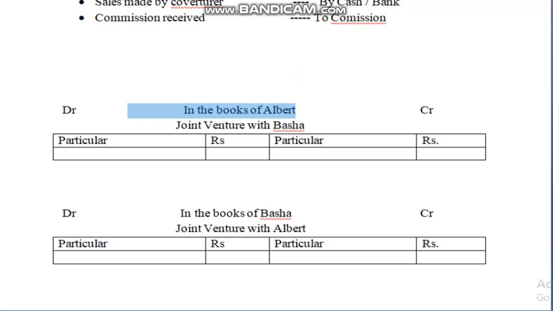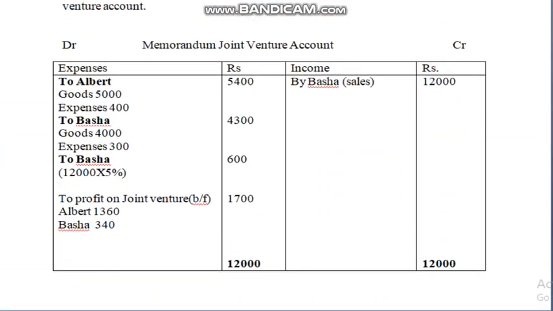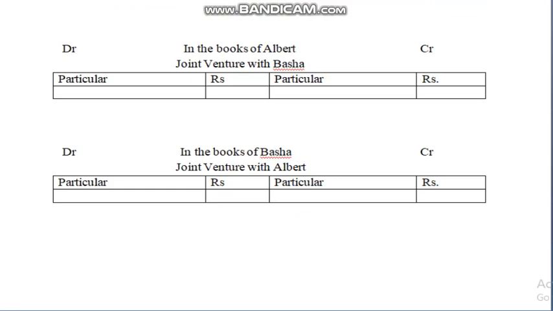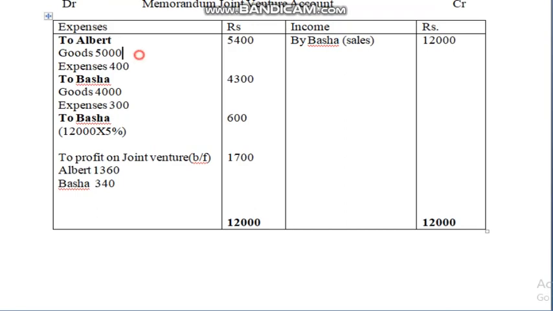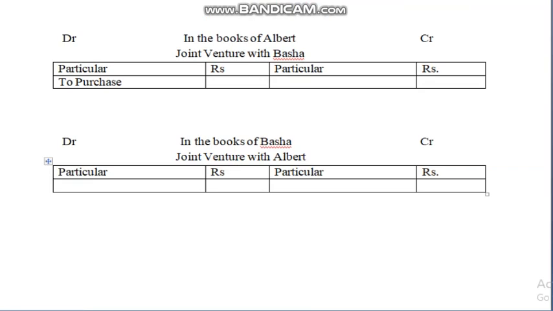So here in the memorandum account, the first transaction is relating to Albert. What's the transaction? One is goods purchased, another is expenses incurred, total 5,400. Goods purchased should be debited with purchase account. So to purchase, how much? The goods, 5,000 rupees.